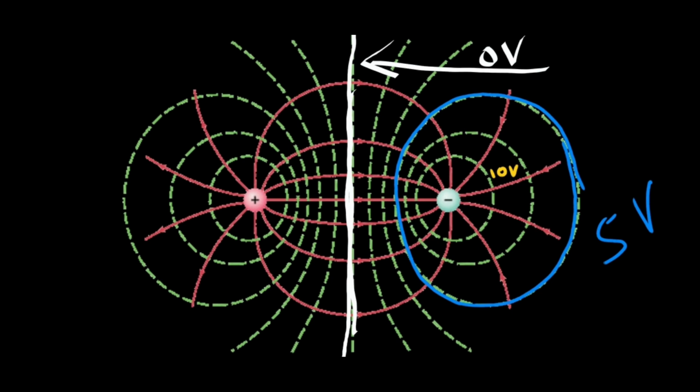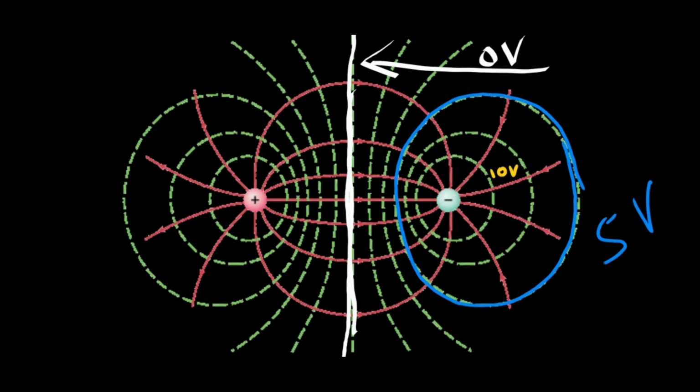You know that the electric potential on the equatorial line or on the equatorial plane of a dipole is 0. So that white line represents the equatorial points, where at each and every point the potential is 0. That is, it is an equipotential surface.